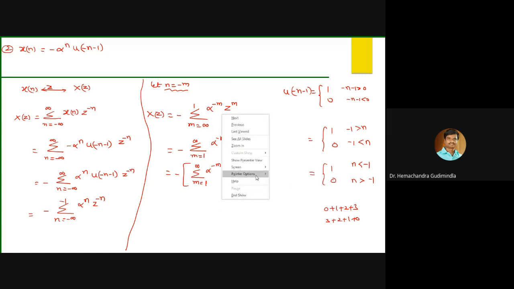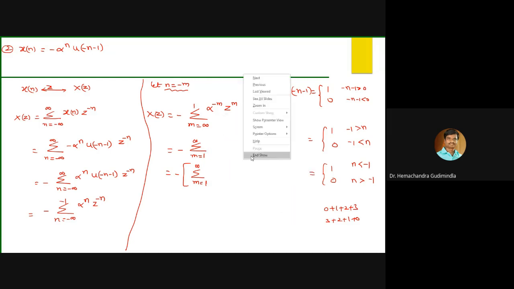Now what I will write here, I'll take m outside. That means alpha power minus 1 z whole power m. So now alpha power minus 1 z whole power m. I will add 1, subtract 1.